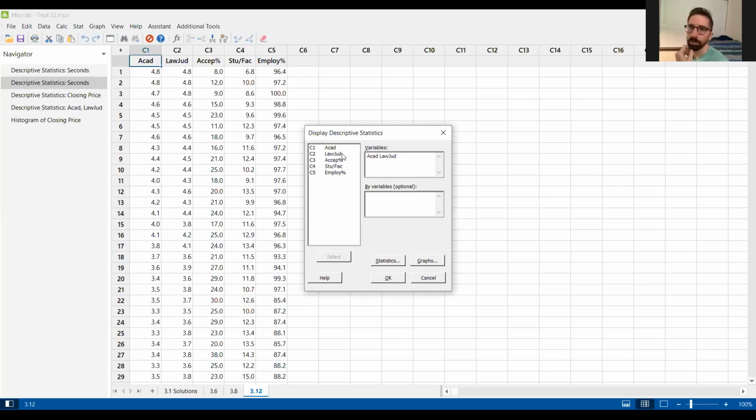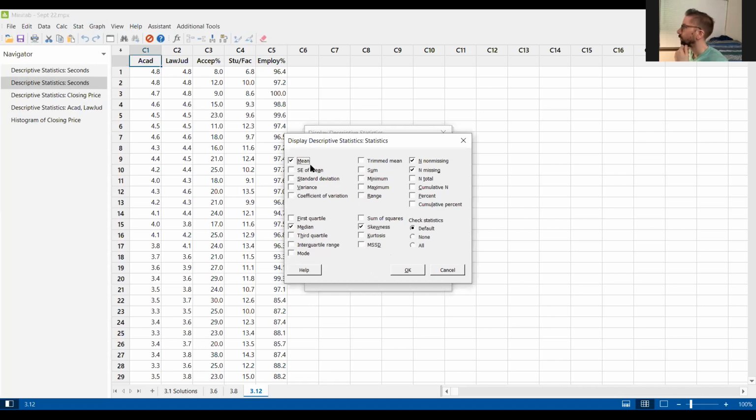I would choose both variables, put them in variables. And then for statistics, again, mean, the median, and skewness.